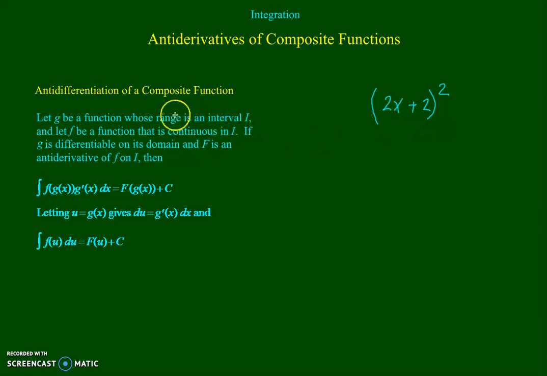So when we start working with antiderivatives of composite functions, we're getting into a process that's very highly visual and very highly pattern recognition oriented. You remember back in the days of derivatives, we were very process oriented.